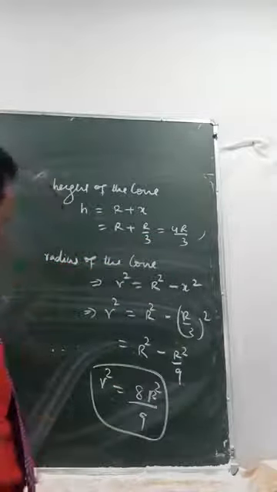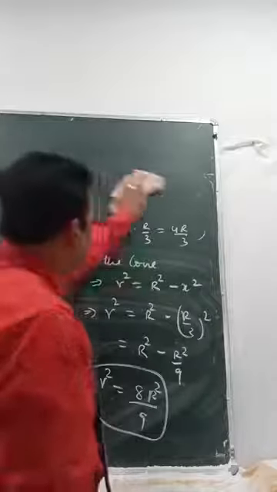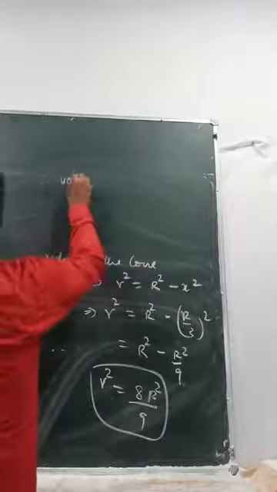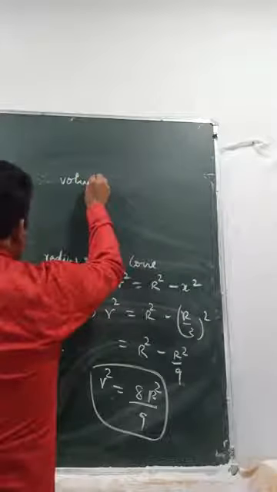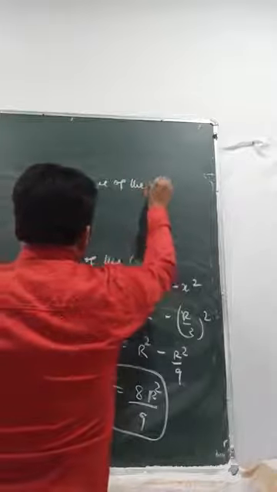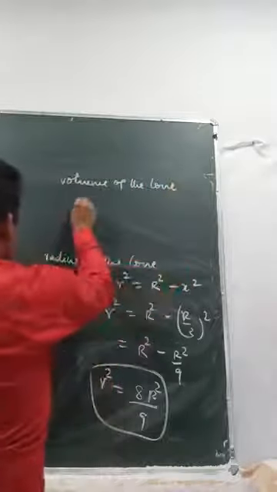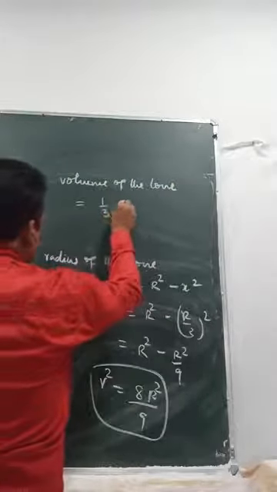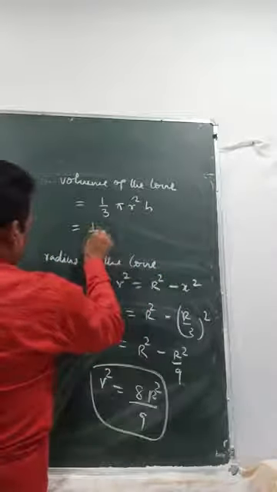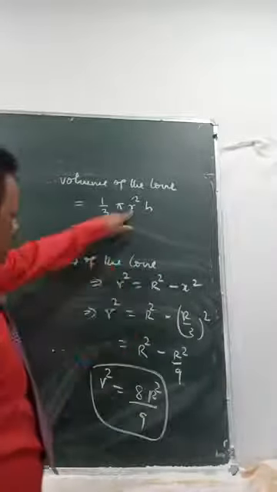Let's find what is the formula, volume of the cone. Therefore, volume of the cone equals to 1 by 3 pi r square h. 1 by 3 pi is r square.